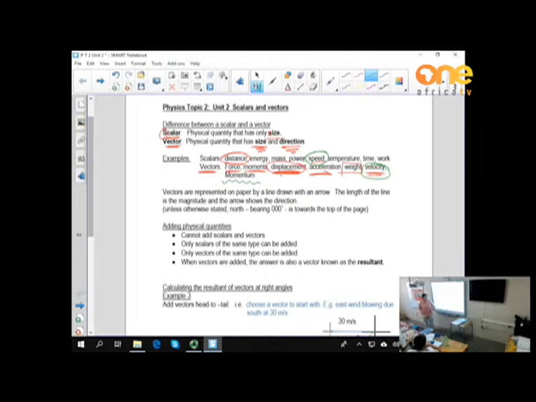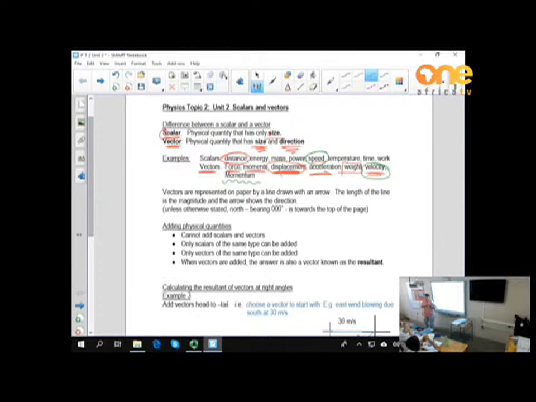Now, in science, when we work with vectors, we can add vectors using mathematical rules, and then we would use things like trigonometry. Now, I don't know if you've done trigonometry in math. Not yet. You will probably be starting with it somewhere along the line.